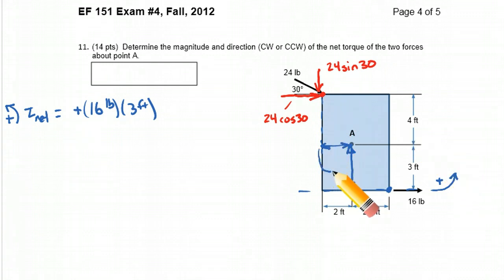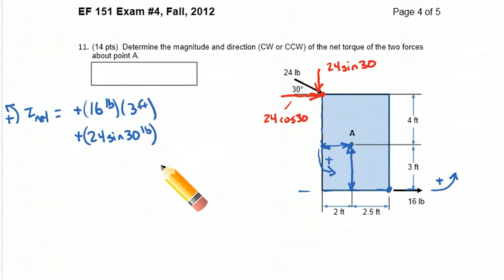It's causing also a counterclockwise rotation about A. So we're going to have a plus 24 sine of 30 pounds, and its perpendicular distance was the 2 feet here.